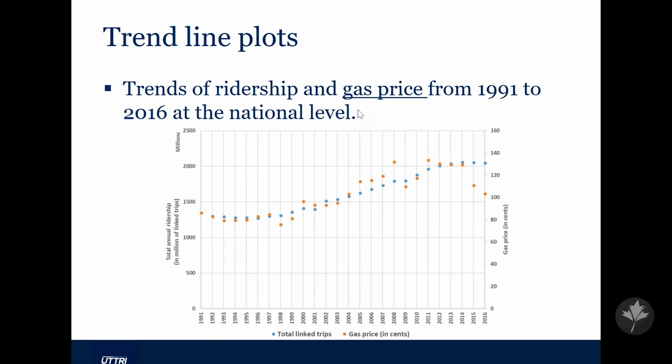One more example that I'm showing here is gas prices. Over the past few years prior to 2016, there has been a decline in gas prices across the country, but we didn't really see a corresponding decline in ridership. So this suggests that transit ridership is sort of inelastic with respect to gas prices.